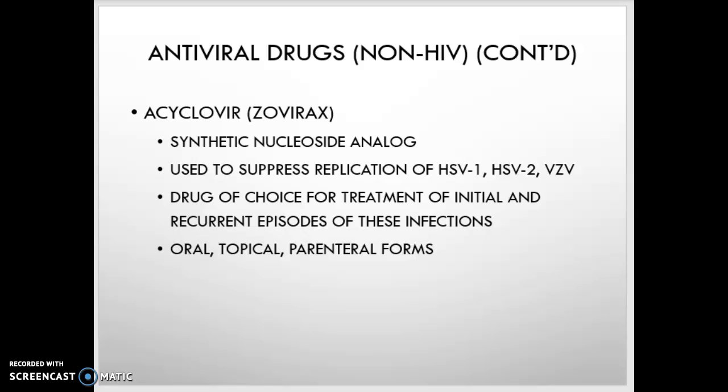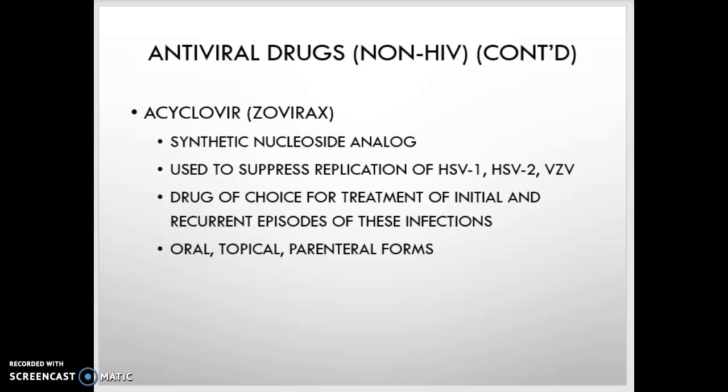When we look at our acyclovir, this is a synthetic nucleoside analog. It's used to suppress the replication of the herpes simplex 1 and 2 and the varicella zoster virus. It is actually the drug of choice for the treatment of both initial and recurrent episodes of these infections, and some providers will actually order this for patients in that initial state.